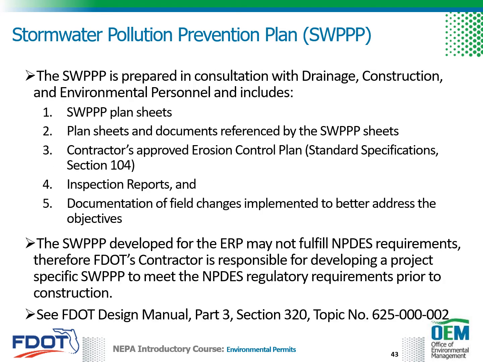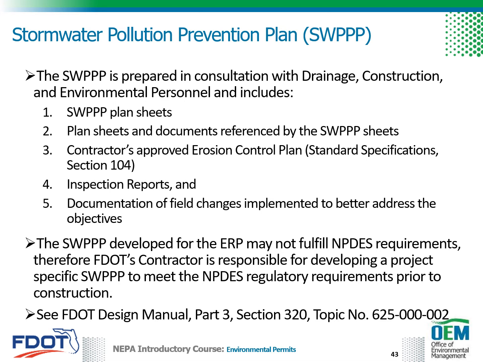The Stormwater Pollution Prevention Plan, or SWPPP, is prepared in consultation with drainage, construction, and environmental personnel and includes SWPPP plan sheets and documents referenced by the SWPPP sheets, contractors' approved erosion control plan, standard specification section 104, inspection reports, and documentation of field changes implemented to better address the objectives.